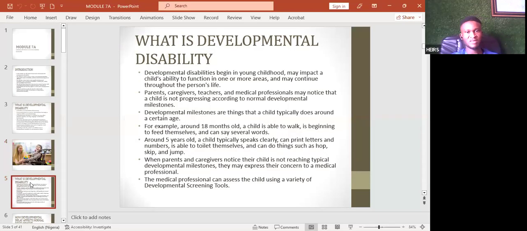So, another definition of developmental disability. Developmental disabilities begin in young childhood, and it may impact a child's ability to function in one or more areas and may continue throughout the person's life. Developmental disability may not necessarily be permanent. Like we said, it could be due to developmental delay.